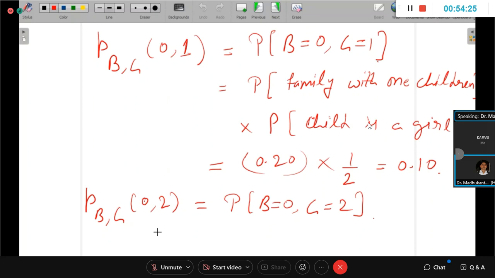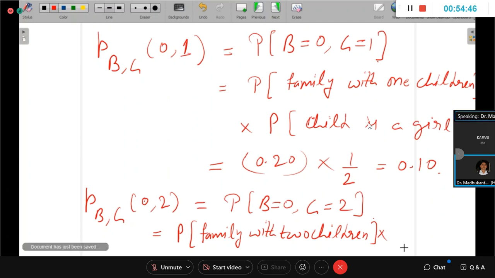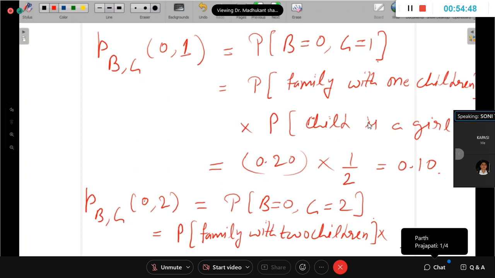So it is going to be the probability of a family with 2 children, into, is there any into? 1 by 4, the probability that both the children are girls.